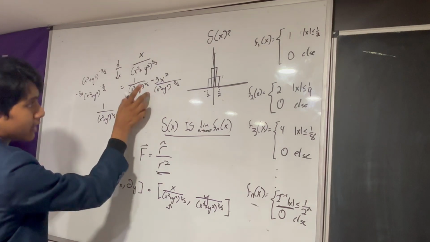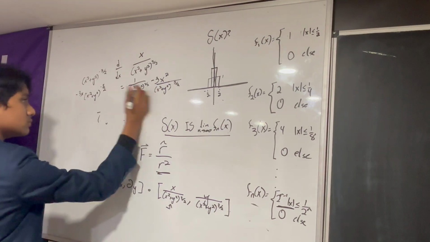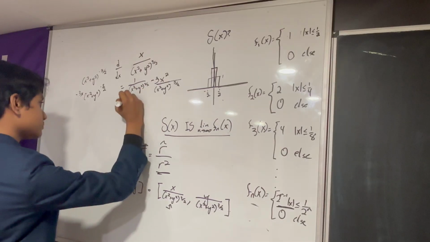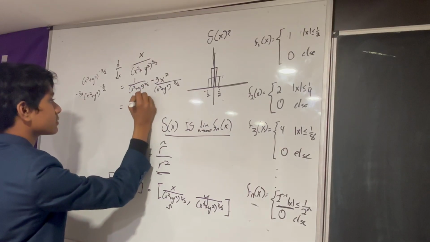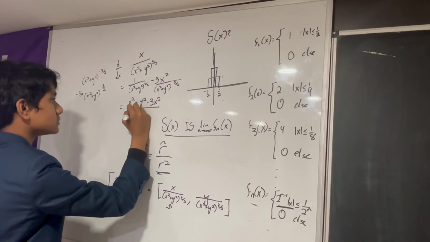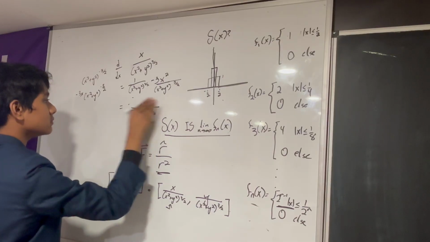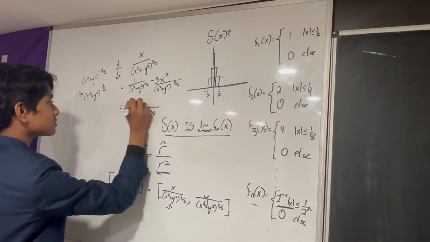Also keep in mind, 3/2 and 5/2 are not 2 apart, they're 1 apart. And so actually, I write x squared plus y squared minus 3x squared divided by x squared plus y squared to the 5/2, which becomes y squared minus 2x squared.